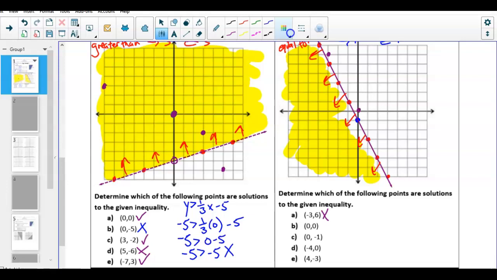0, 0 is also not underneath that line. 0, -1 happens to fall on the line. Now this one, because it's equal to, everything that falls on this line should be included. But just to double check, I'm going to put this into the equation again.